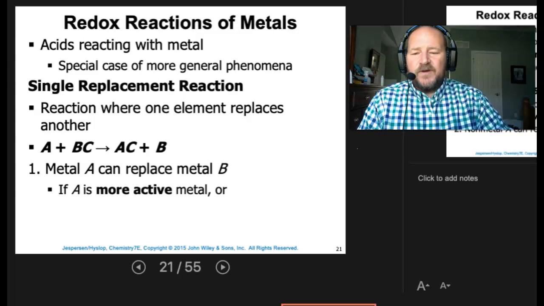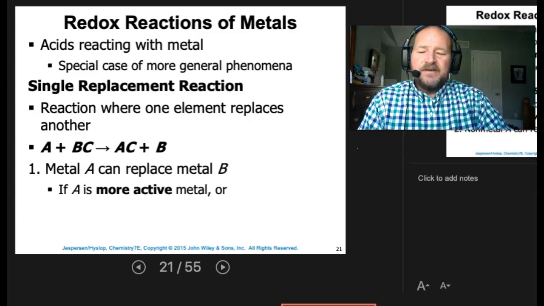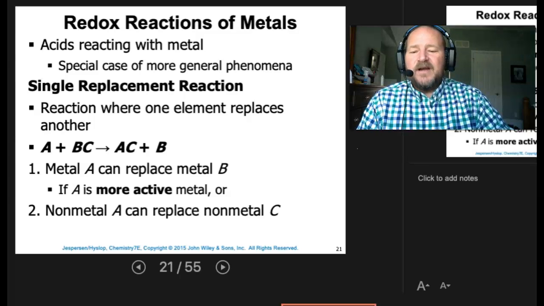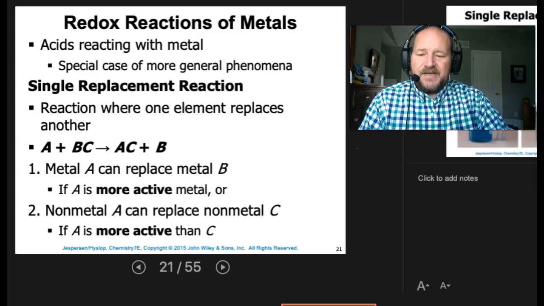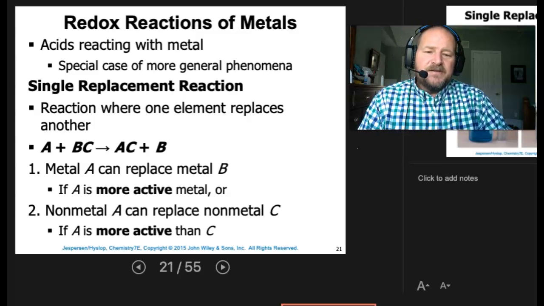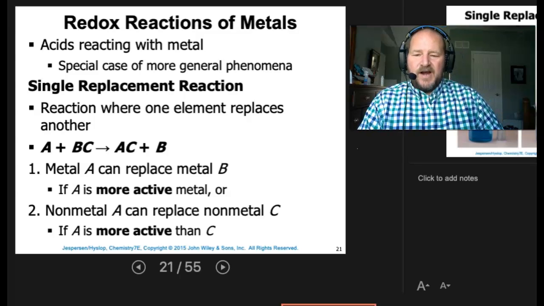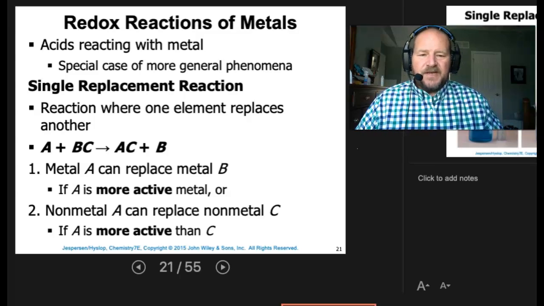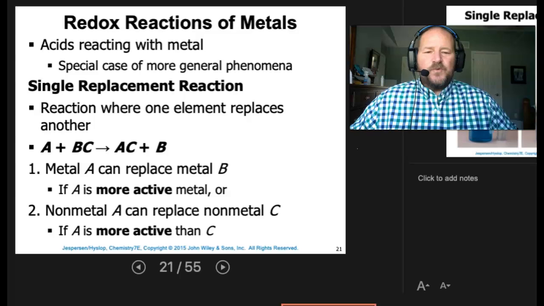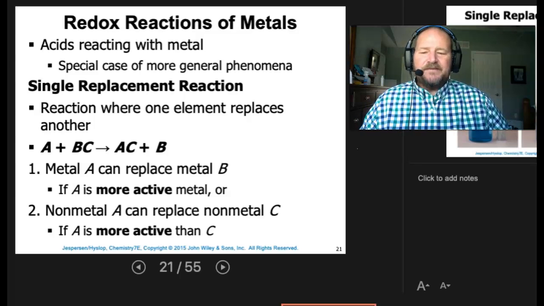And here we're going to see that it depends on the metals. A can replace C if A is more active than C, right? So again, A could be either a metal or a nonmetal. The metals always replace metals, and nonmetals always replace nonmetals. But now it comes down to a reactivity series: which metal is more reactive?